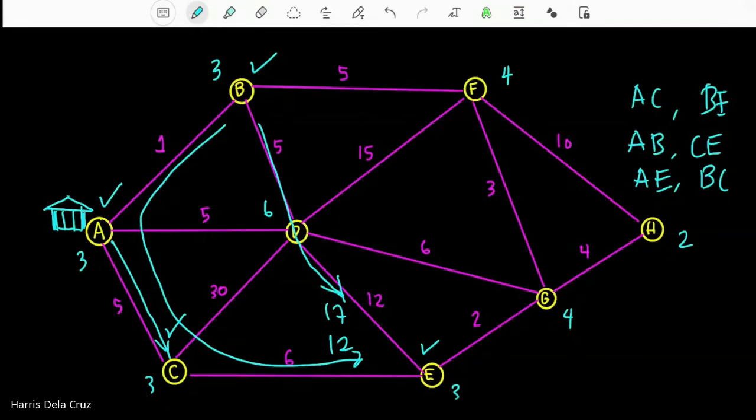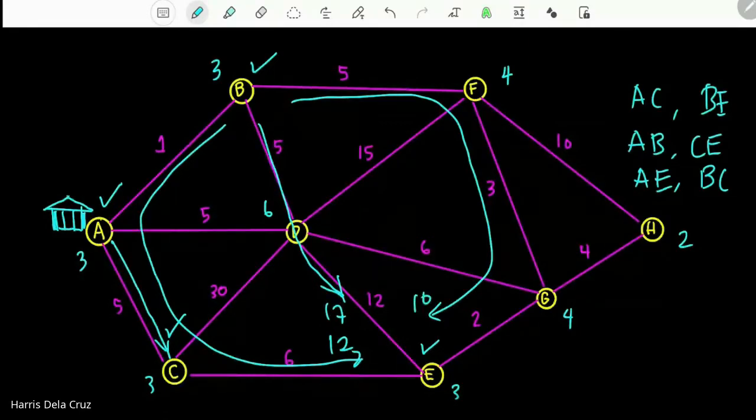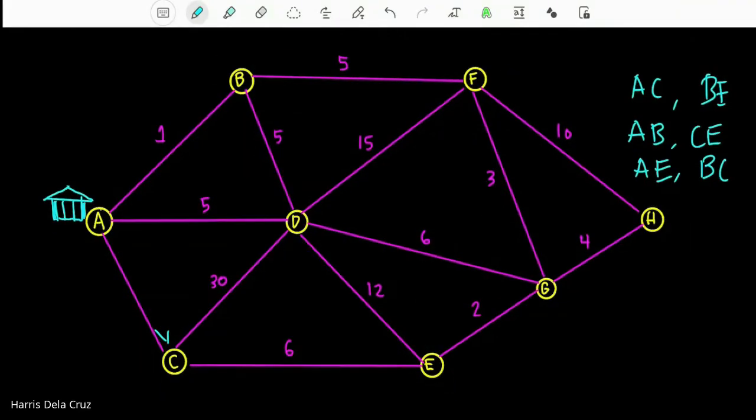Or we can also use this path. That's 5 plus 3 plus 2, which is 10. And that's still shorter. Now, you can also find other paths from B to E. But again, if the graph is more complicated than this one, you can always use Dijkstra's algorithm to find the shortest path from B to E.